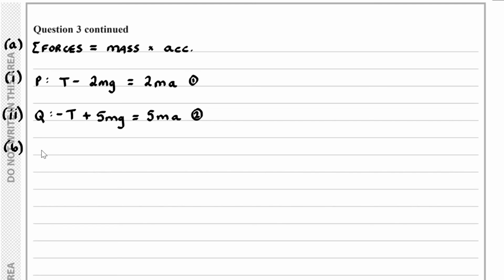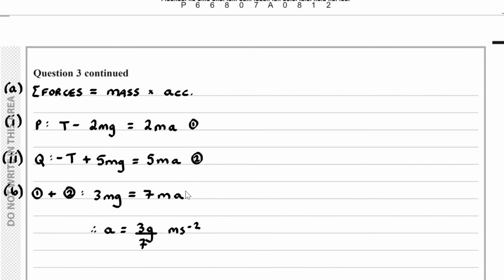So for part B, if we add together equation 1 and equation 2, T minus T is 0T, minus 2mg plus 5mg, that's 3mg, 2ma plus 5ma, that's 7ma. And so therefore, a is equal to 3g divided by 7 meters per second squared.